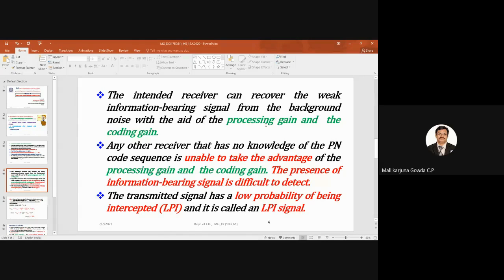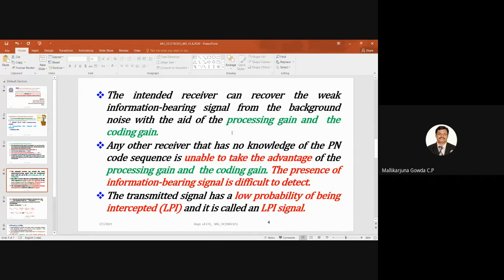The intended user will be able to detect such a weak signal even in the presence of noise. Any other receiver, which does not have knowledge of the pseudo noise code sequence, is unable to take the advantage of this processing gain and the coding gain, right? So that is the basic idea here.